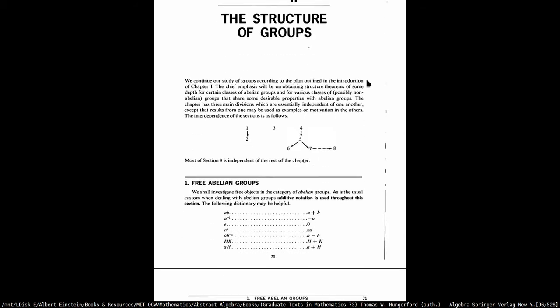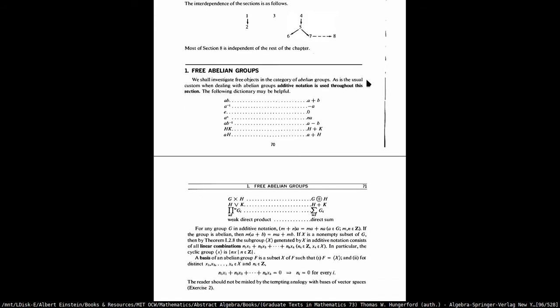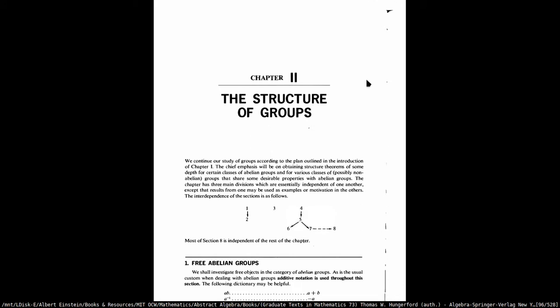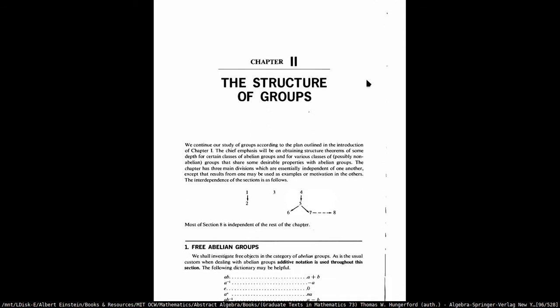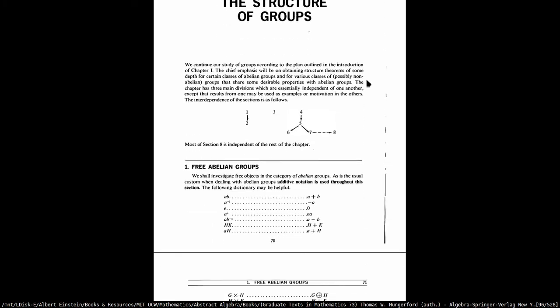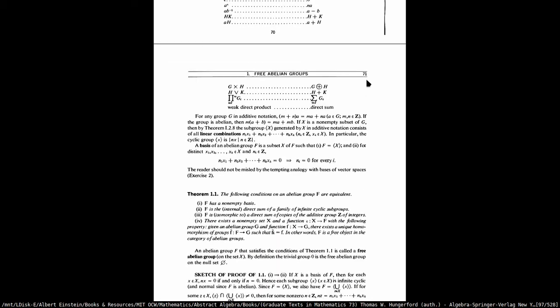So it'd be wonderful to dive right into chapter 2 of Hungerford. Chapter 2, yeah, this one, right? Structured groups. Right where you are. It's fairly easy to skim through the free Abelian group part, and then the meat, so to speak, is in section 2 of the chapter.